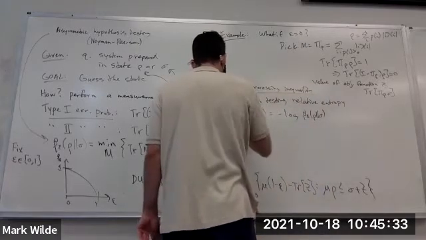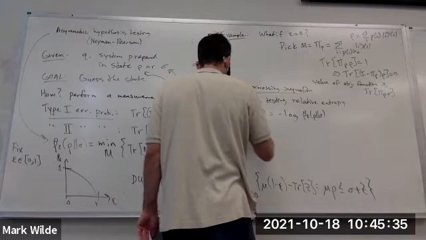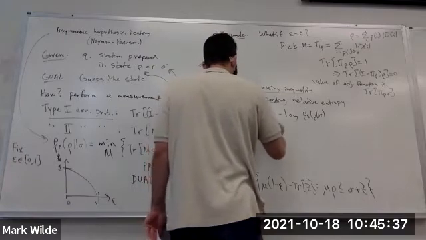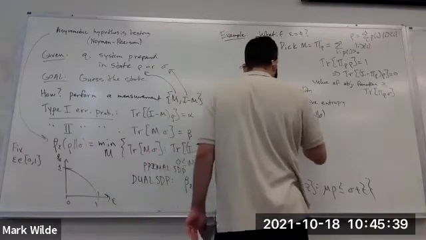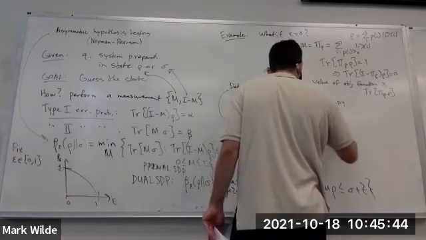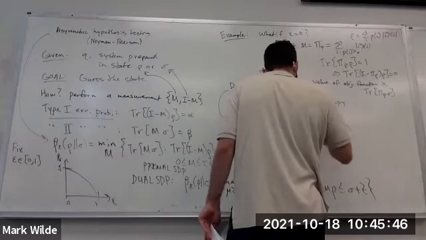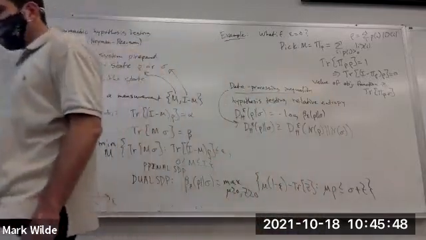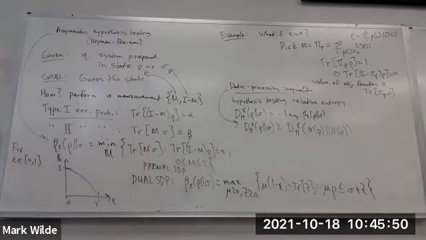The data processing inequality is this statement that under the action of a channel on both states, this hypothesis testing relative entropy does not increase. Okay.